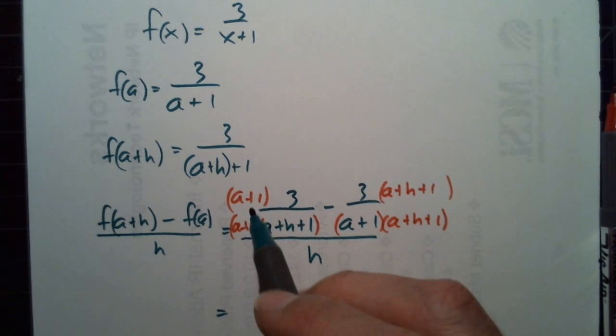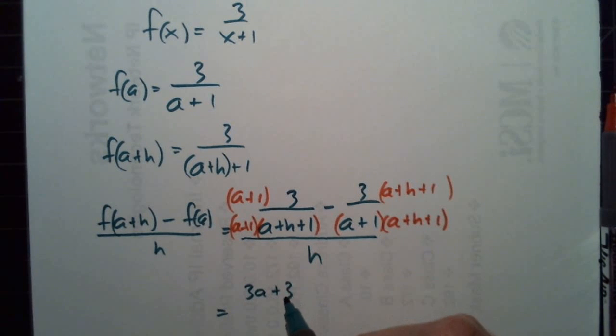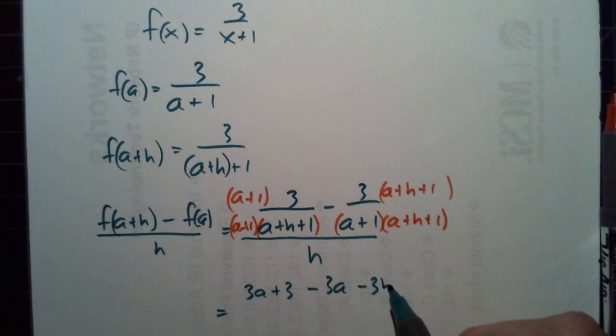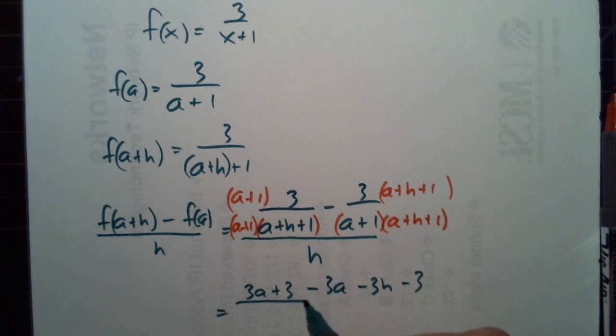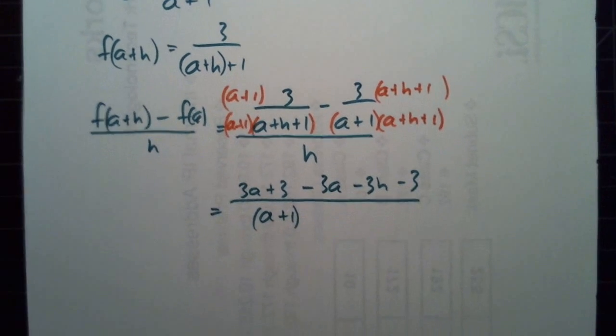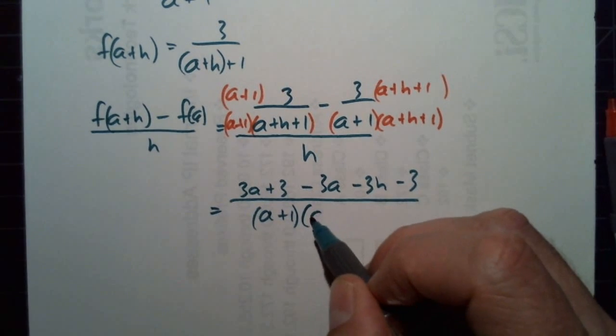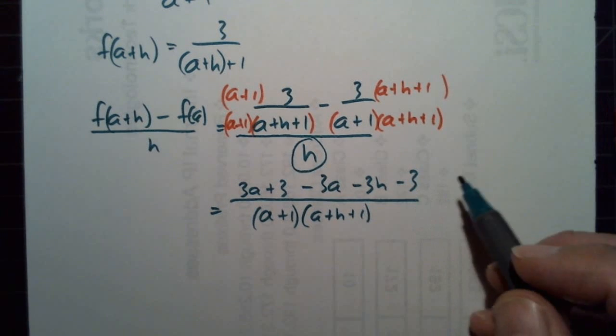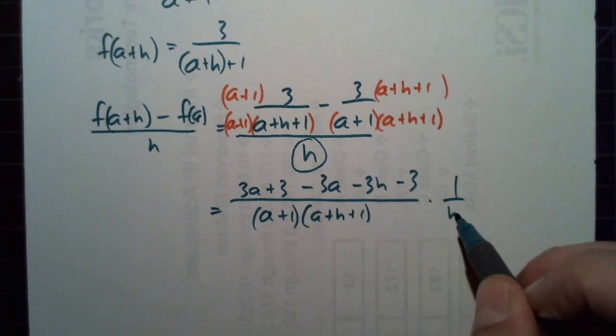So we have 3a plus 3, and minus 3a minus 3h minus 3. This is all over a plus 1 times a plus h plus 1, and it's all divided by h, so I'm going to multiply by 1 over h.